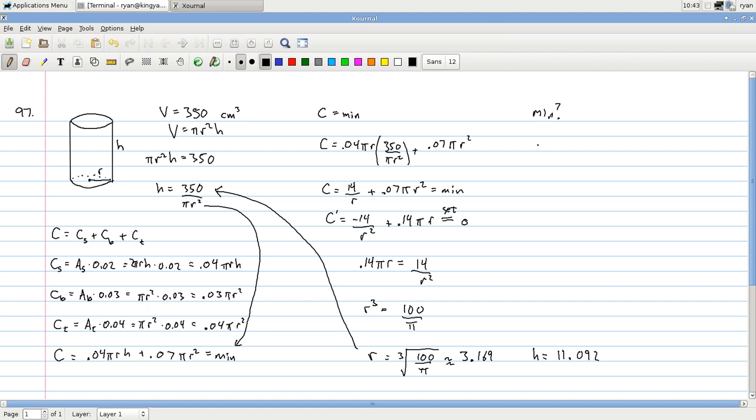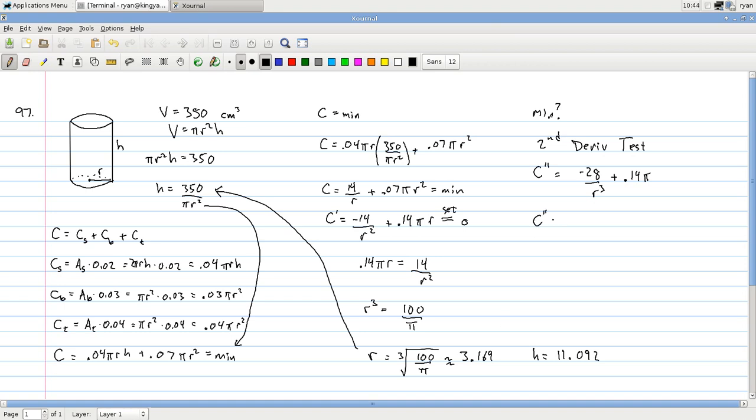Well, to do this, I want to know if this is a max or a min. I'll use the second derivative test. So to do that, we take the second derivative. So we take a derivative here. This gives us negative 28 over r cubed plus 0.14 pi. And we're going to evaluate this at our critical number.